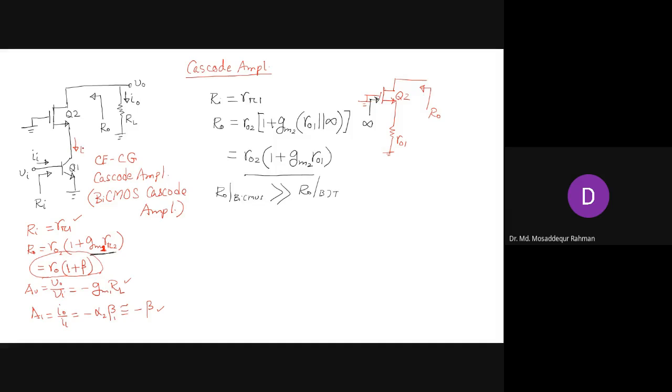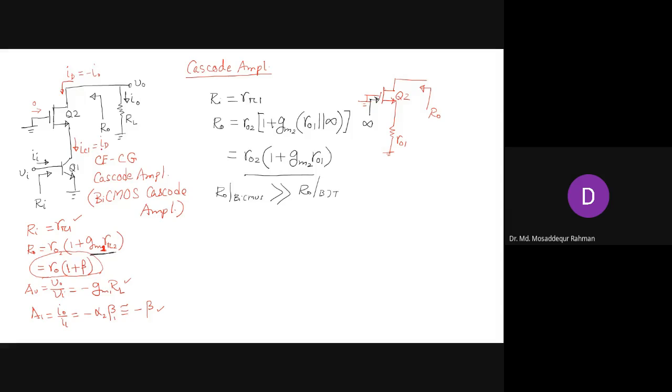This is our I, this is our I_C1, and here is I_D, which is equal to minus I_o, or I_o is minus I. And I_D is the same as I_C1, the same current, because the current here is 0.